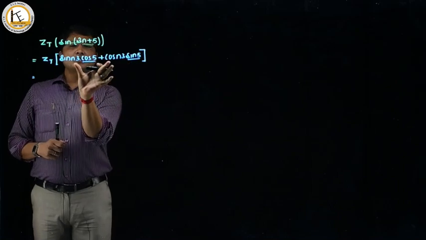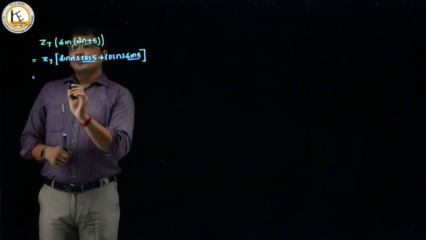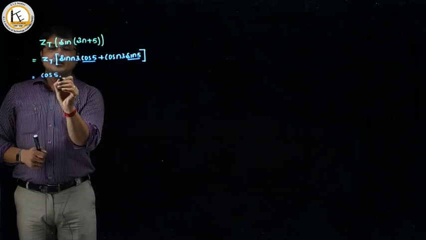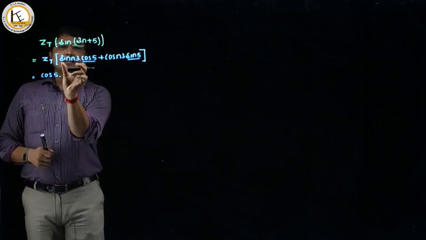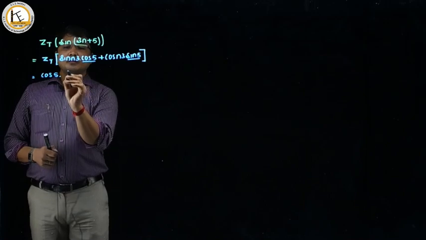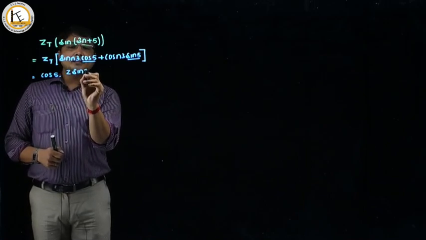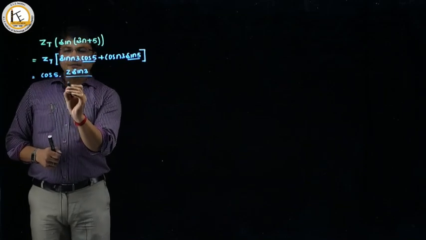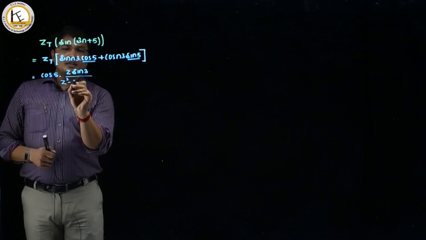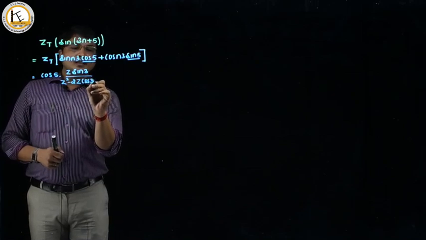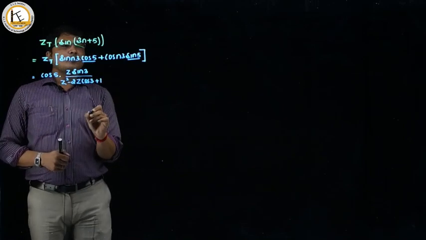Obviously in both, theta is 3. So cos 5 I will keep as it is as a constant, and Z transform of sin 3n will be Z into sin theta, where theta is 3, divided by Z square minus 2Z into cos theta, theta is again 3, plus 1.